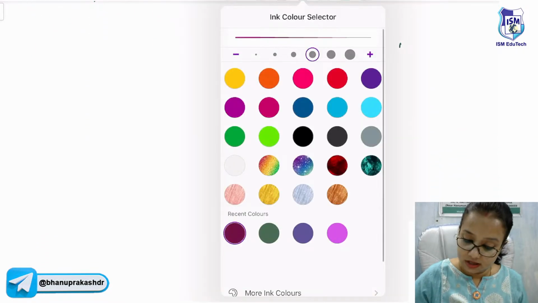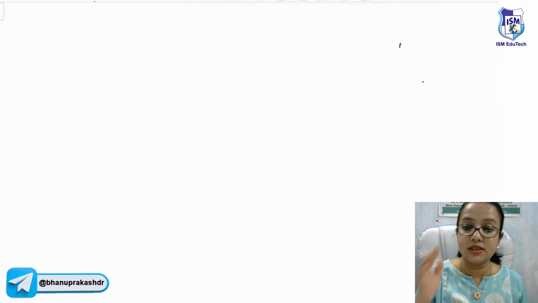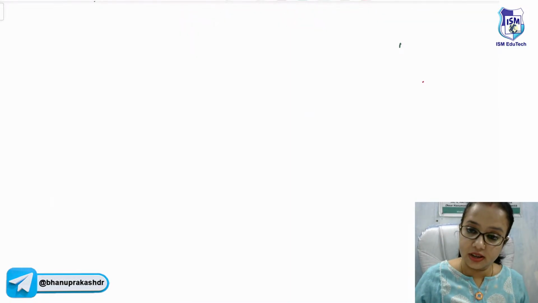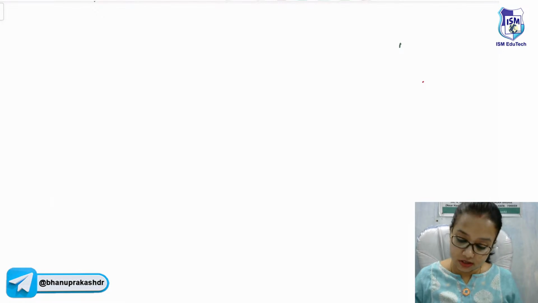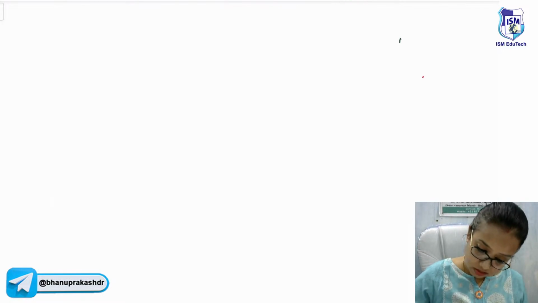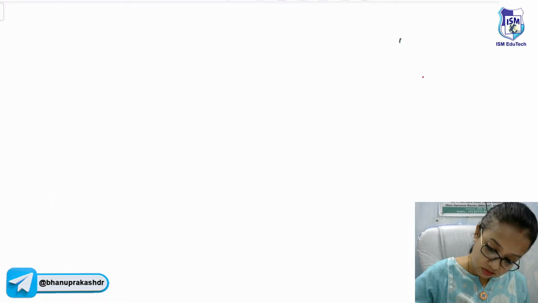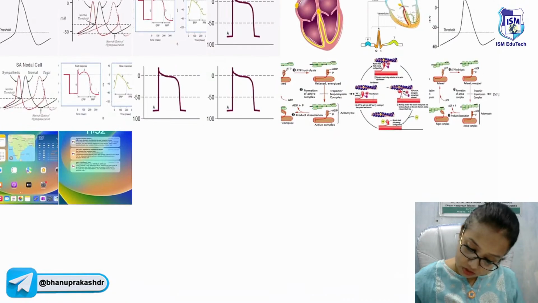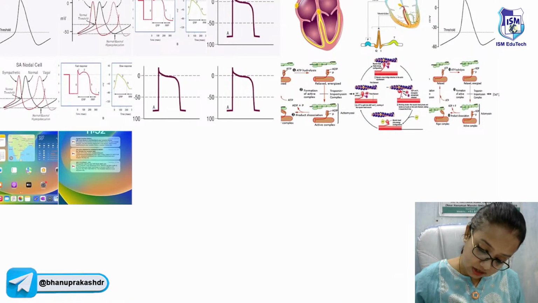So lastly, we will discuss some clinical conditions which affect the functioning of the heart. Like to start with, we will insert the picture which will help in the better understanding of what we were talking.